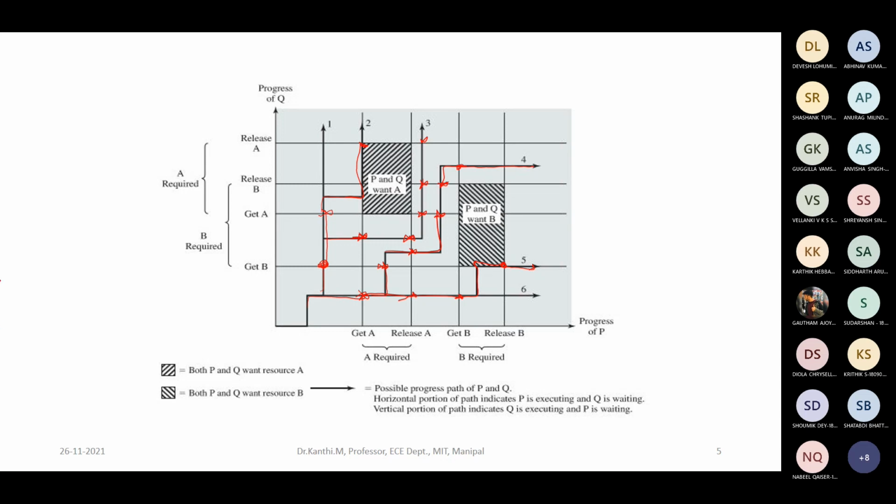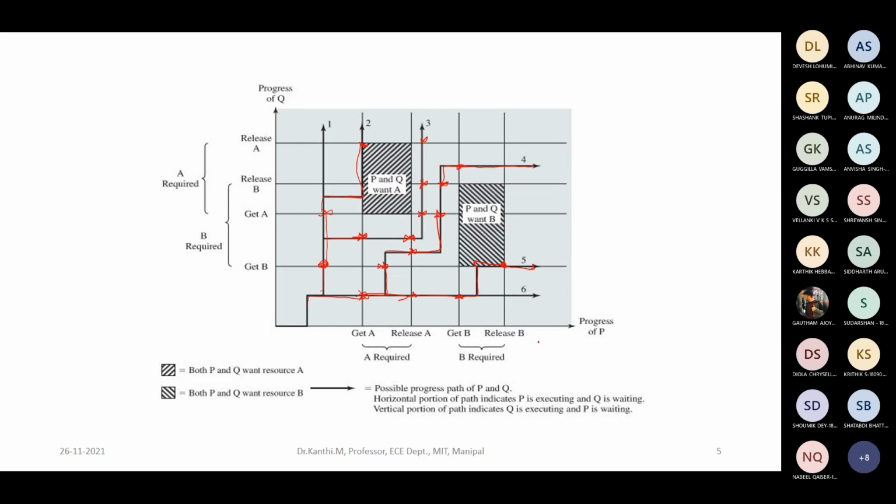Similarly, the sixth. So here we could see that we could try to avoid the deadlock because of the sequence of execution which we have shown. Okay. So this shows both P and Q want resource A, both P and Q want resource B, which I already explained.